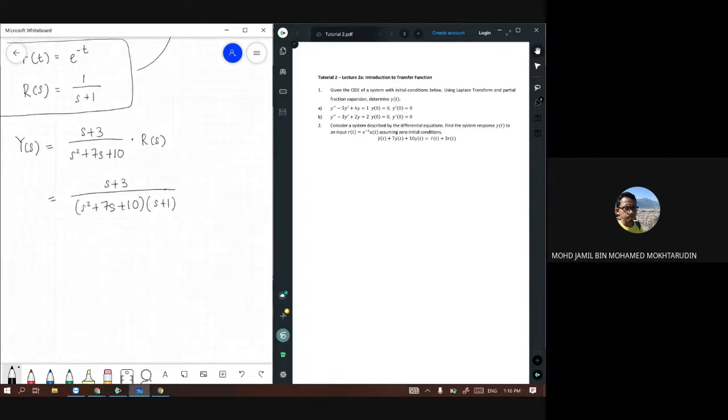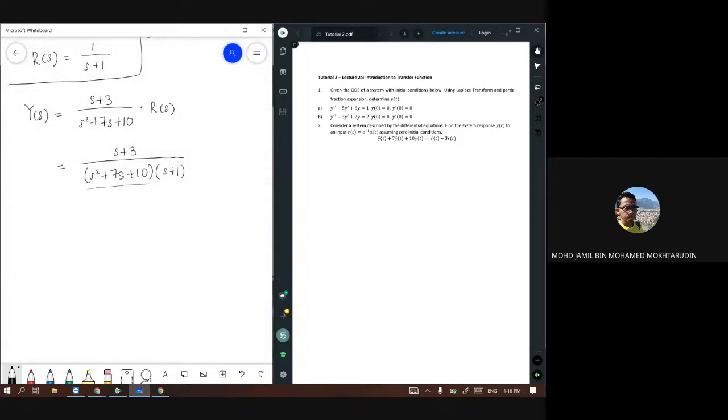From here, you need to factorize this and then split it into partial fractions. So you get S plus 3 divided by S plus 1 times S plus 5 times S plus 2.